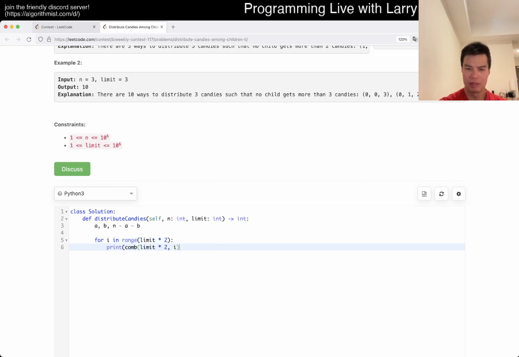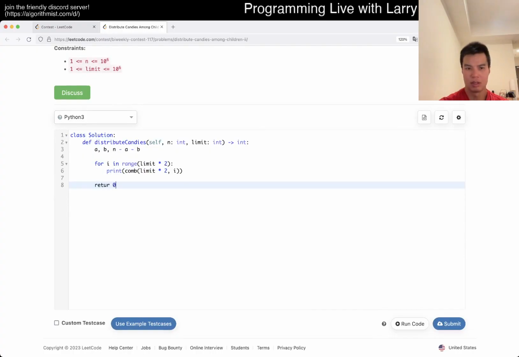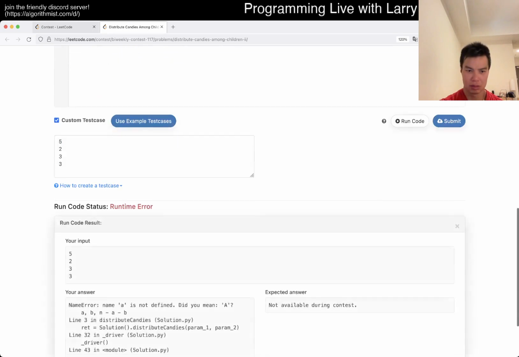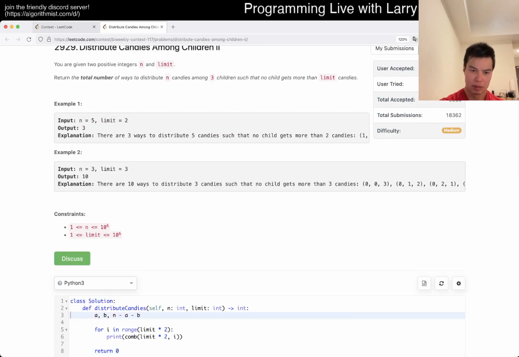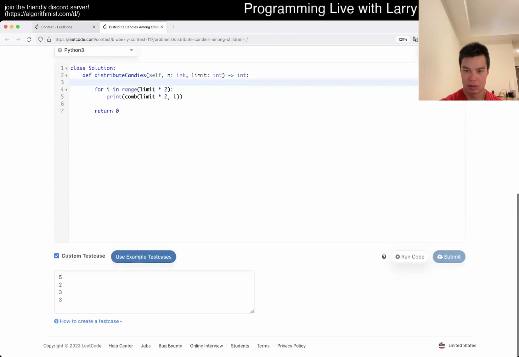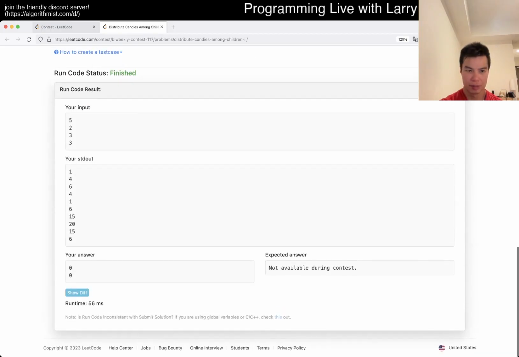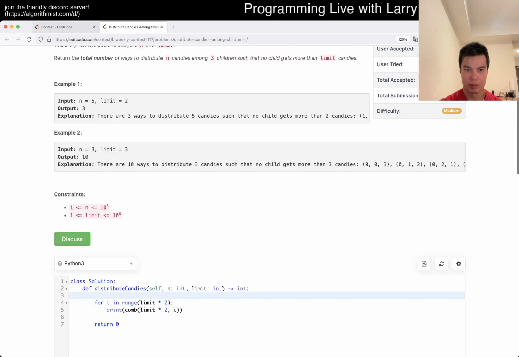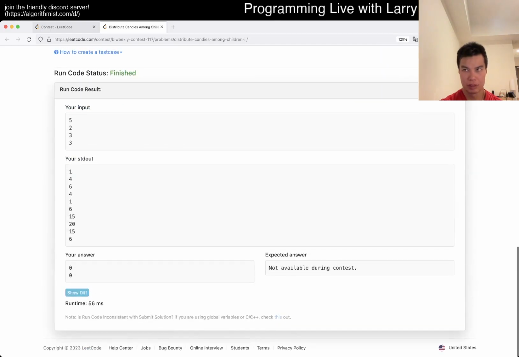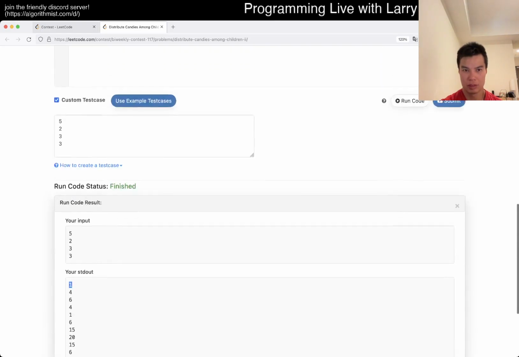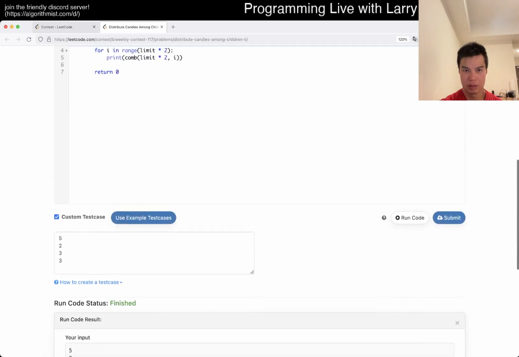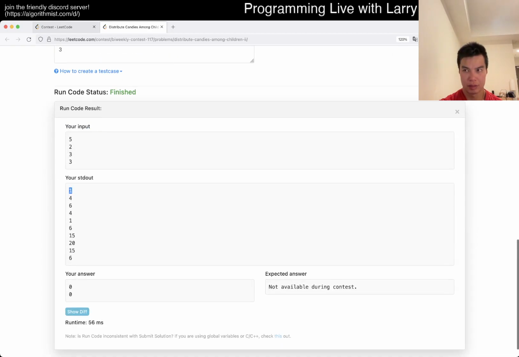Man, my math today is a little bit messy. Oh, whoops. Okay, so for two things, 0, 0, 0, 1 is 0, 1 and 1, 0 should be 2.